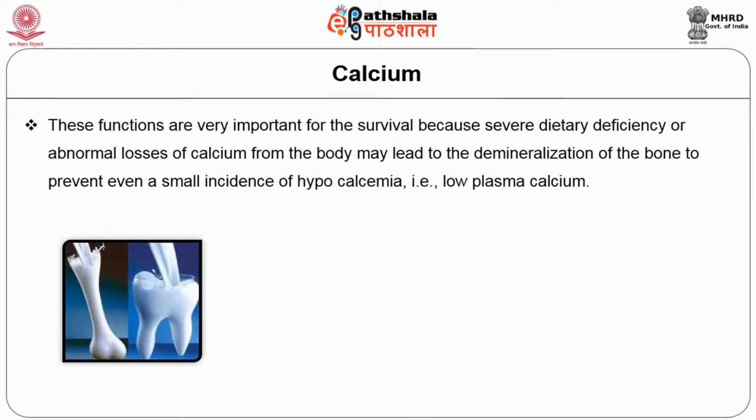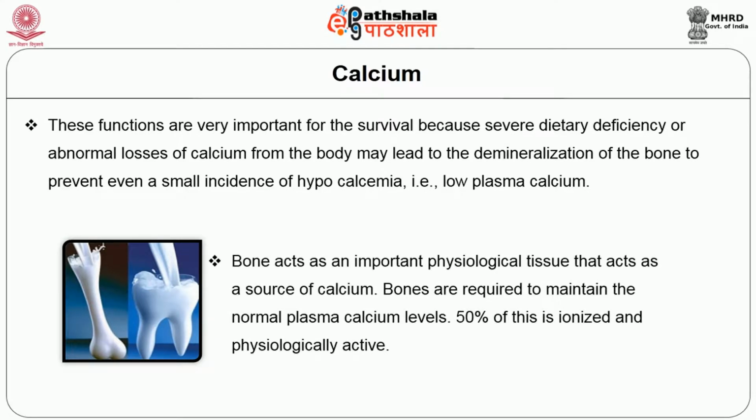These functions are very important for the survival because severe dietary deficiency or abnormal losses of calcium from the body may lead to the demineralization of the bone to prevent even a small incidence of hypocalcemia, that is low plasma calcium.